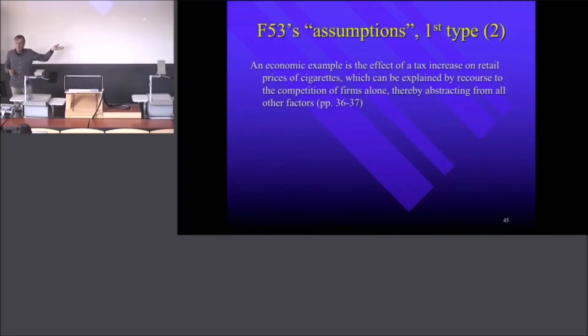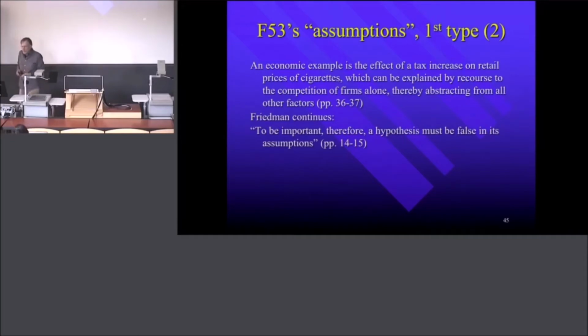It comes from Marshall, which can be explained by recourse to the competition of firms alone, thereby abstracting from all other factors. He's saying, if you want to understand the phenomenon, go to that factor. That's the leading one. That's the force that explains almost everything about it. Right? And Friedman continues, to be important, therefore, a hypothesis must be false in its assumptions.